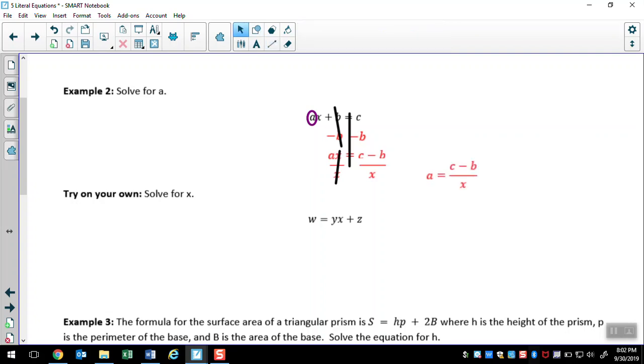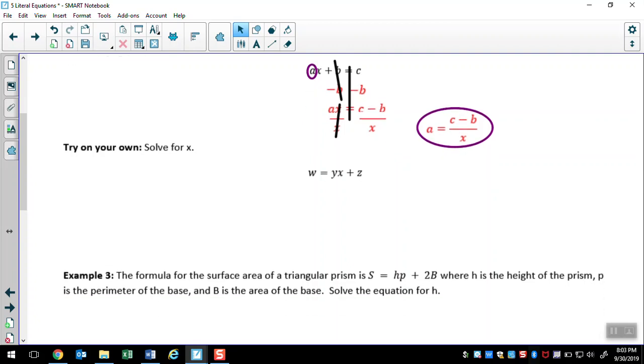And we are now left with A equals C minus B over X. There's no actual math involved in any of these problems because there's no numbers. It's all letters. All we're doing is just rearranging the order of our letters or our variables.